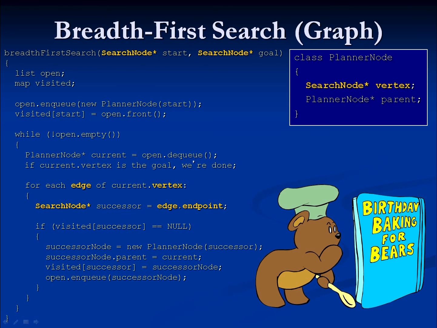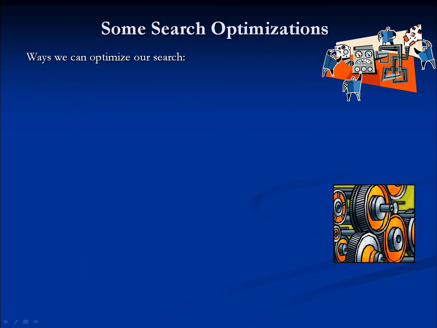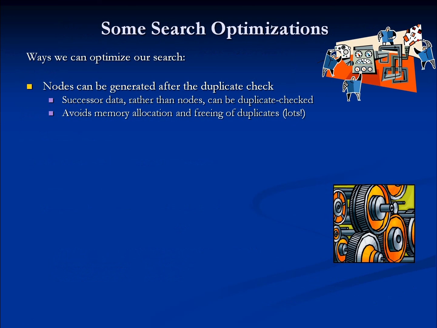There are a few important optimizations we should consider anytime we construct a search like this. These are already built into the pseudocode on the previous slides, but it's worth mentioning them because these types of problems occur frequently. The first is that you should always try to generate nodes after you have done a duplicate check. And nodes in this case refers to the planner nodes or tree nodes. The reason for this is fairly simple. If you create a planner node and then do the duplicate check, you have to delete it.